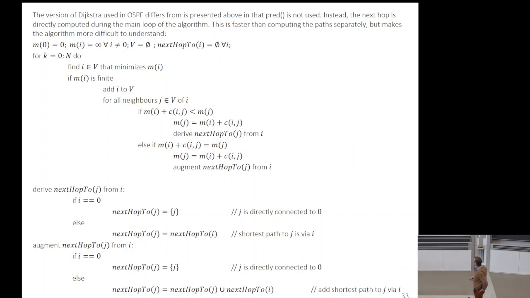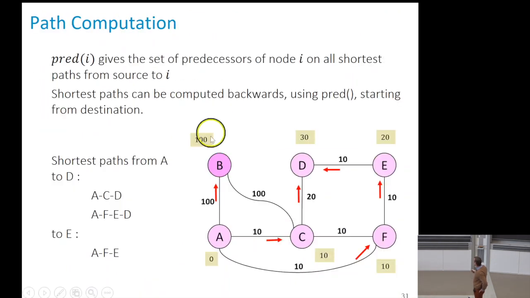I mentioned that we use those red arrows to know the path. Now, you can improve a bit the execution time. In the version that I've presented, first you run Dijkstra. Then, in order to know the routing table, we need to go to every destination and follow the red arrows in reverse direction.